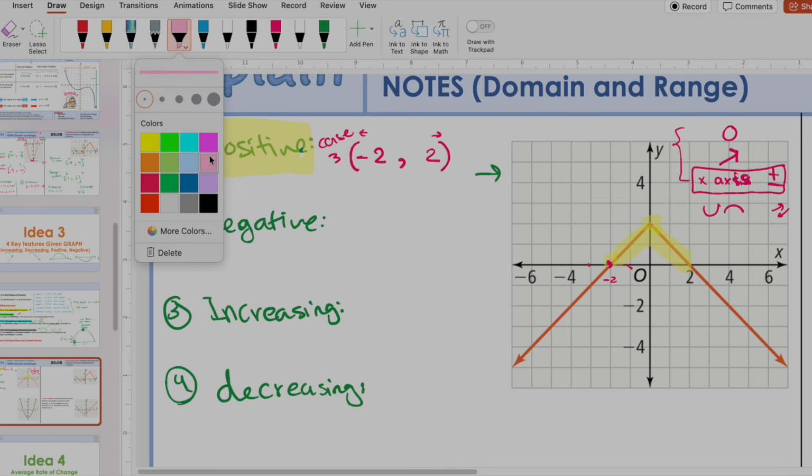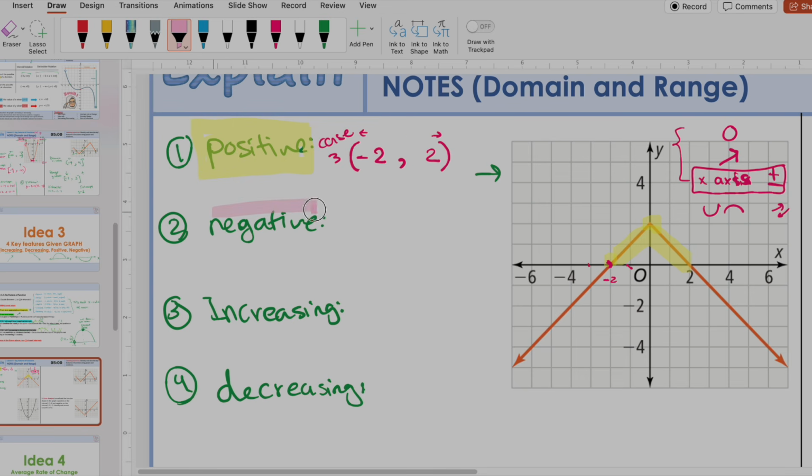Negative intervals. I'm gonna use this color. This is negative, means under the x-axis. So let's see. Let's first write for this interval. Let's see the most left and most right. Most left of this interval is this one. And it's an arrow going to where?